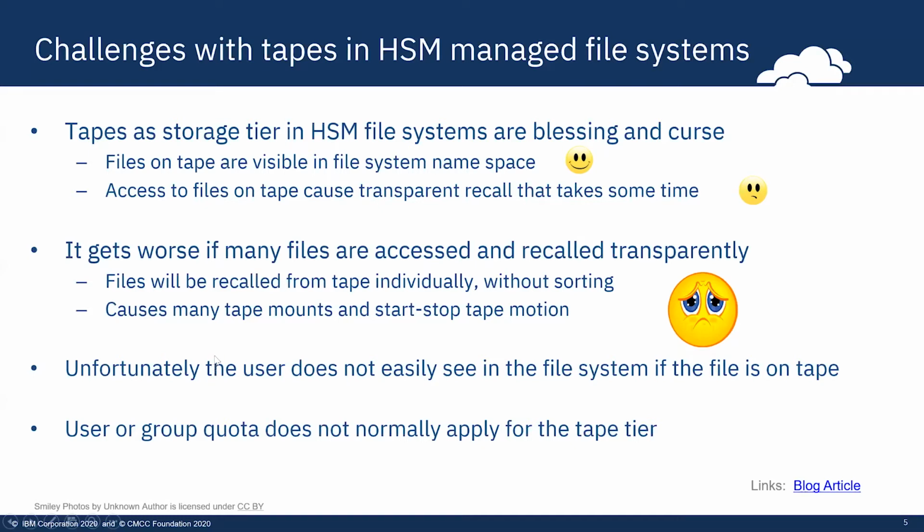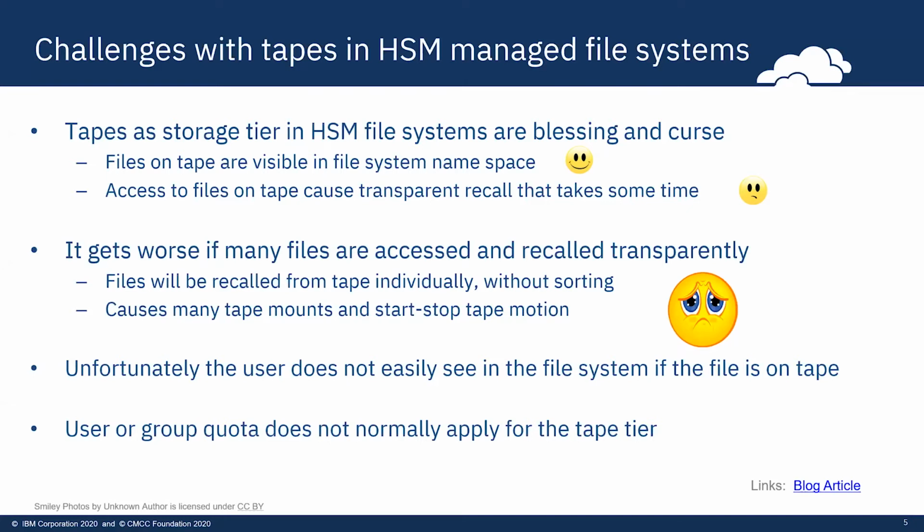Unfortunately, and that's another disadvantage, the user doesn't easily see whether a file is on disk or on tape in such an HSM managed file system, right? And another disadvantage, if you talk about multi-user systems, something like Mauro wants to set up for his institute, is that there is no user or group quota for the tape tier, so users just store data, whatever they can, it's being migrated out to tape, and Mauro and his team have to buy tapes like every other month, right?